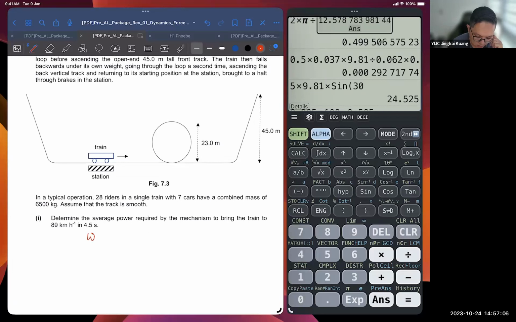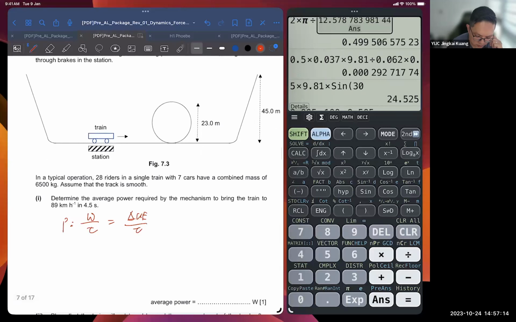work done. Power is equal to work done over time, which is change in KE over time. So this will be half times 6,500 times 89 divided by 3.6 squared, divided by 4.5 seconds. Should be correct.